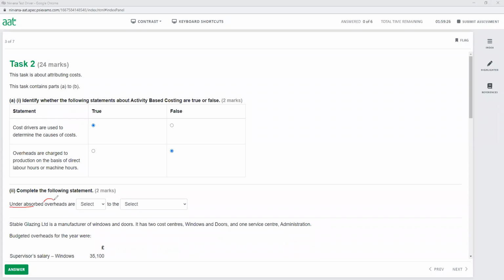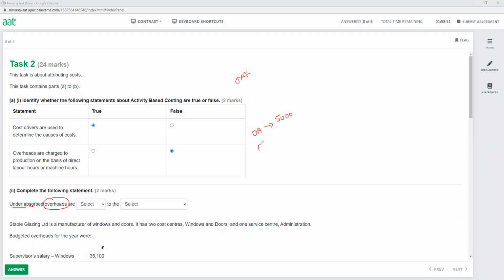Now with this overhead, I make a plan or a budget. So I said next year my overhead will be 5,000, or next quarter my overhead will be 5,000. So this is my overhead absorbed. Based on my overhead absorption rate, that is OAR, my overhead absorbed is 5,000 for the next quarter.